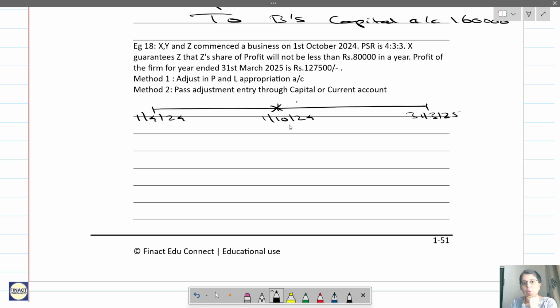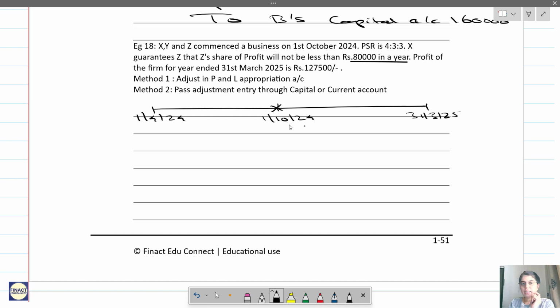Now, X has guaranteed Z that Z's share of profit will not be less than 80,000 in the year. So, 80,000 profit in the year. Okay, business has commenced on 1st October 24. So, October, November, December, Jan, Feb, March.